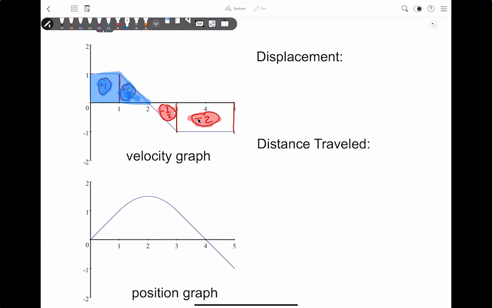Otherwise, what you're used to by now are improper fractions, a positive 3/2. And all of this negative displacement over here, because it's below the x-axis, is going to be a negative 3/2. So again, displacement can be negative, which you clearly see here.